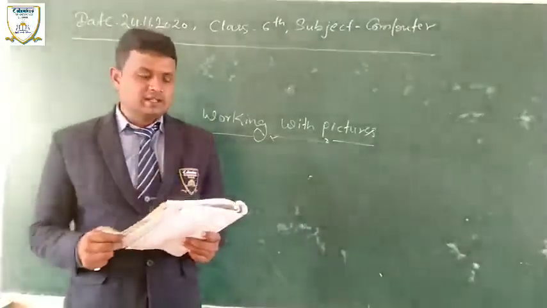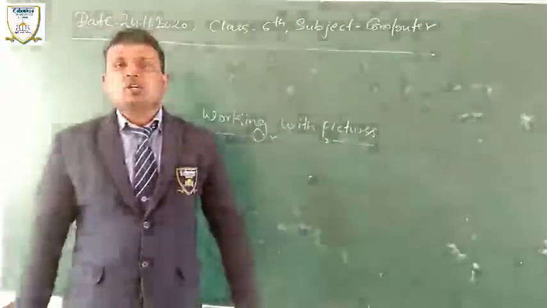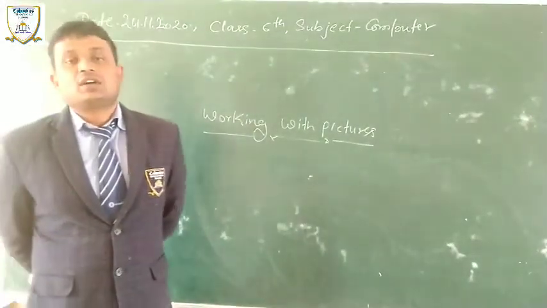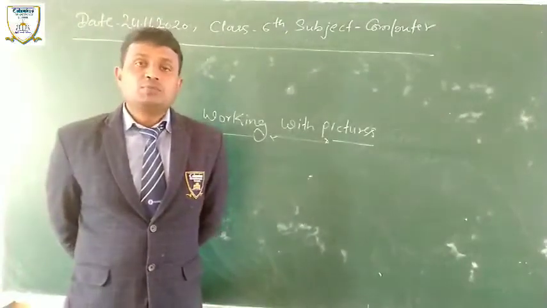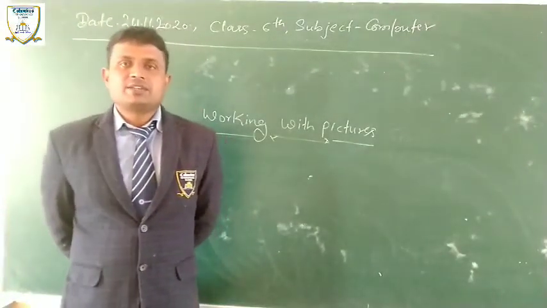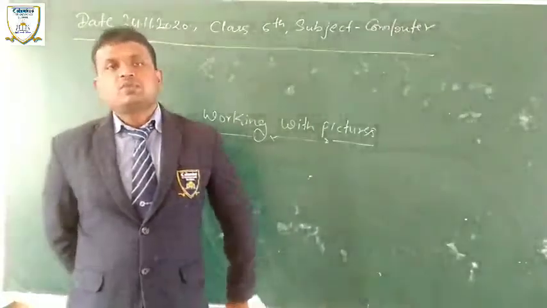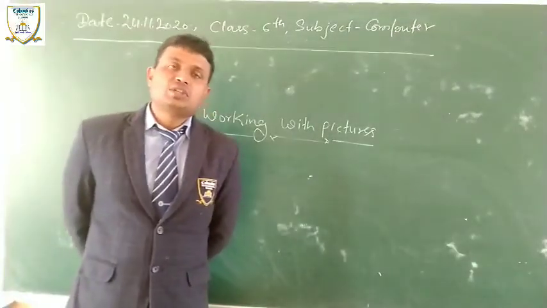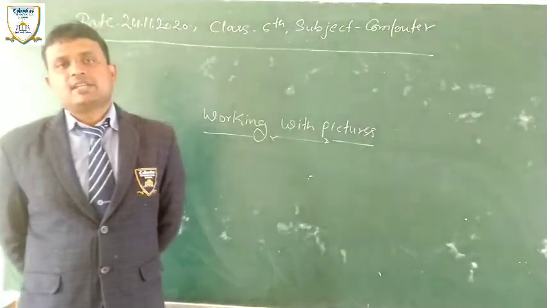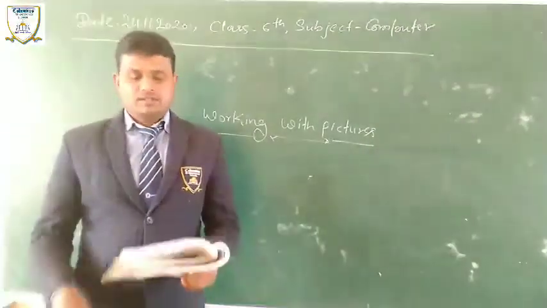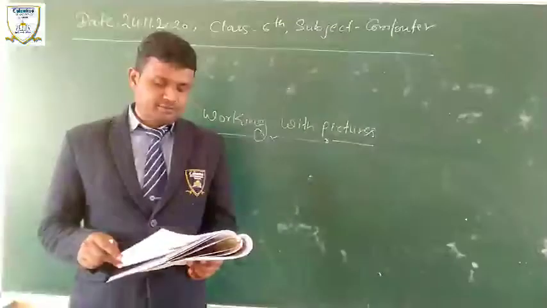You may do that. Cropping a picture. Cropping a picture is an option by which you remove the undesired part of your image. Okay. Aligning image. Suppose you want to align your image on the top side, bottom side, or middle. As your requirement, you can arrange your pictures.